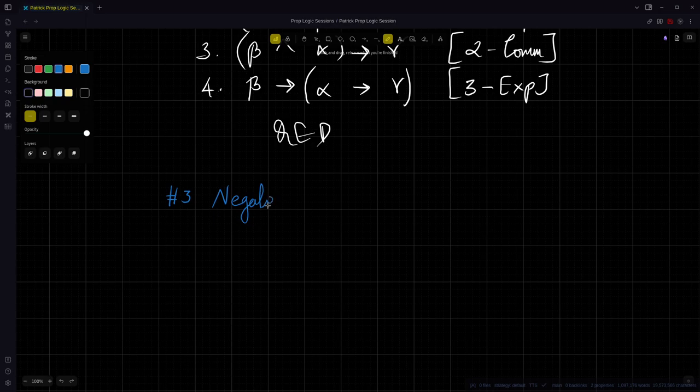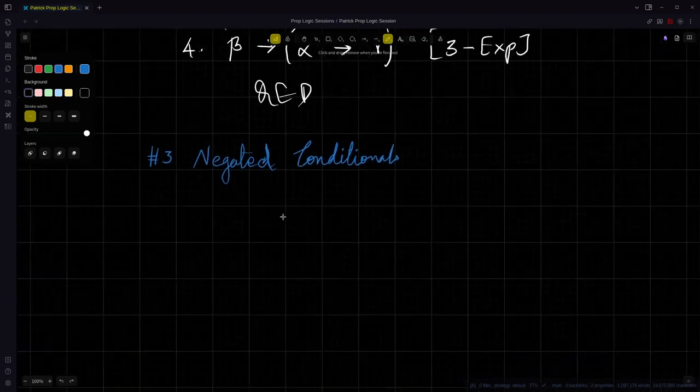I've personally used it in quite a lot of proofs. So these tricks are basically like rules of equivalence, more or less. Yeah, because you're just replacing.